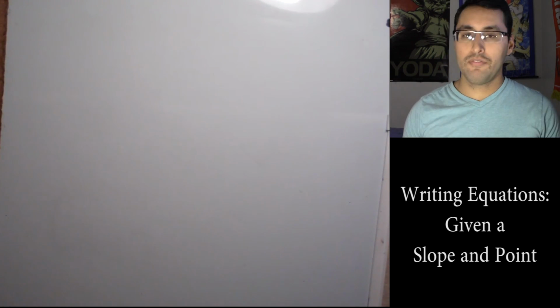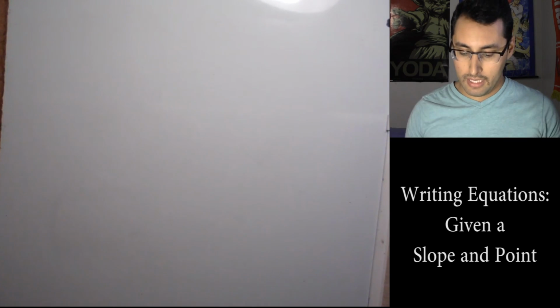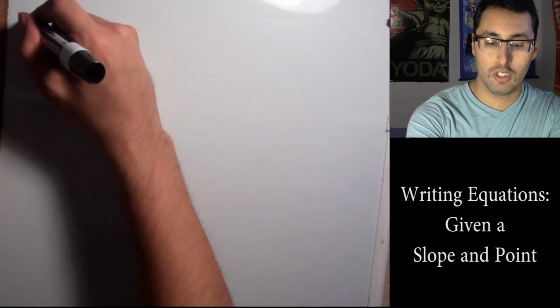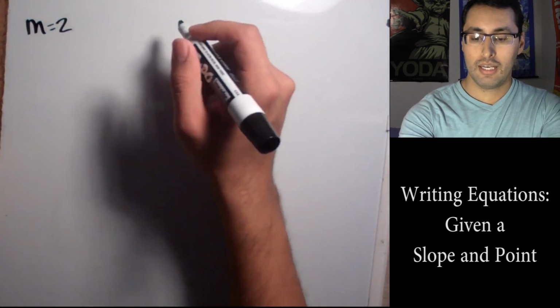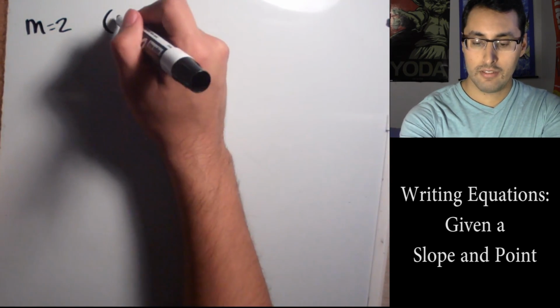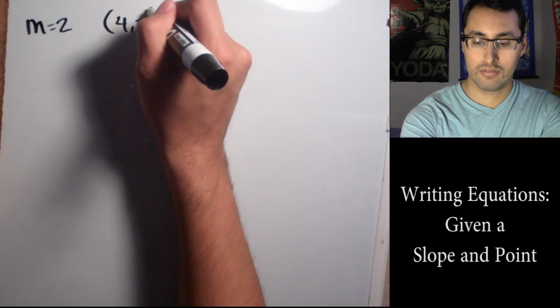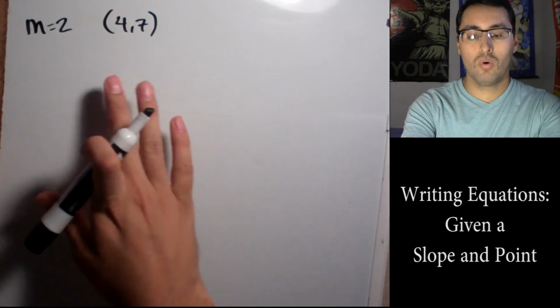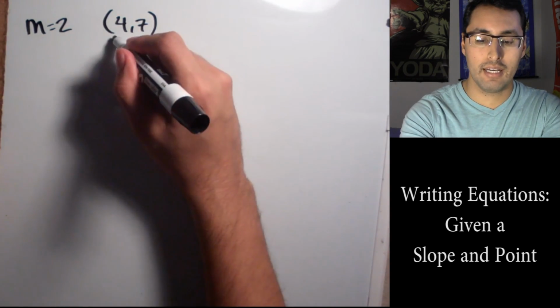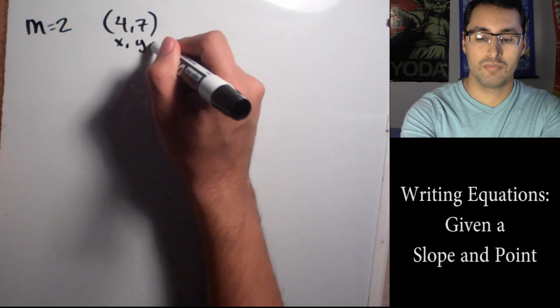Okay, so I'm going to give you a slope and a point. Let's say our slope is m equal to 2 and our point is 4, 7. While I'm doing this, I'm just going to put x1, y1.